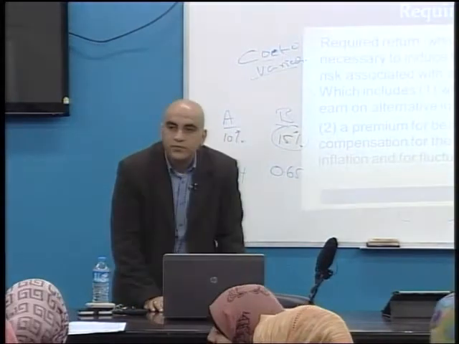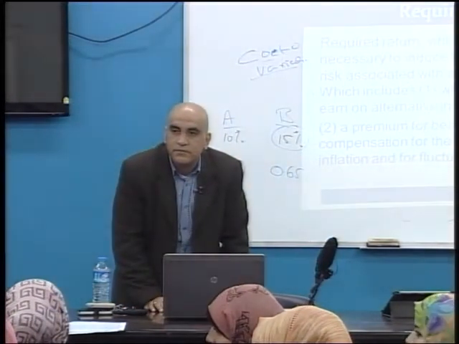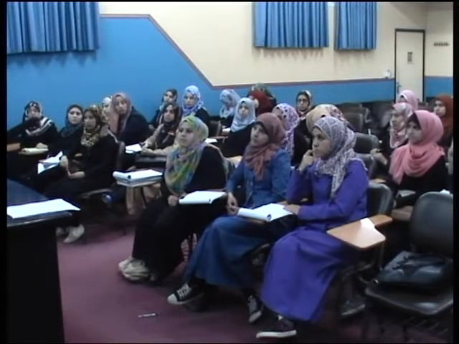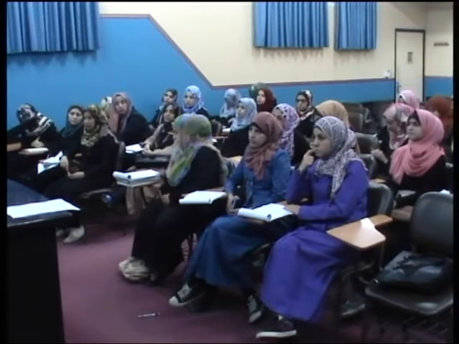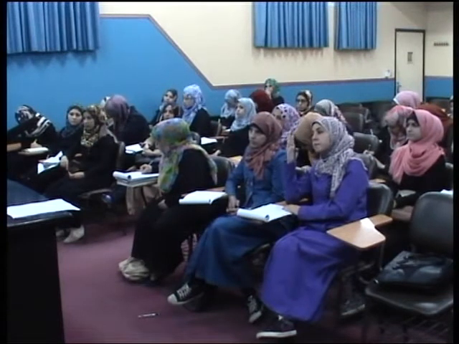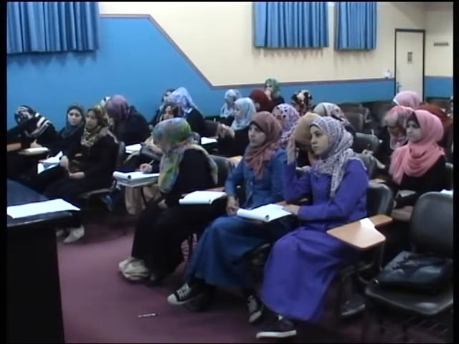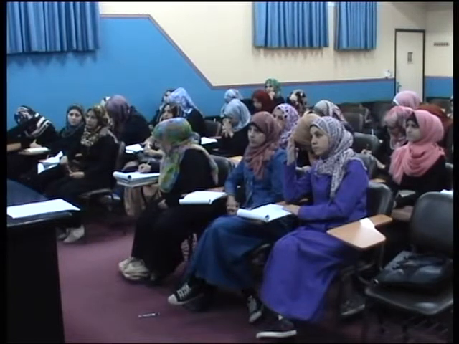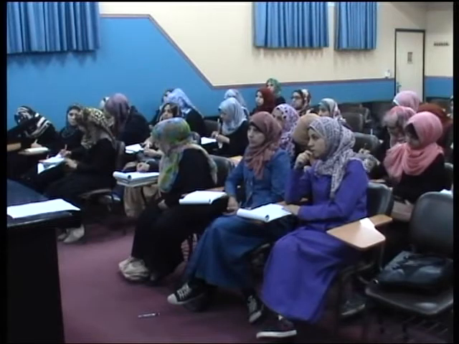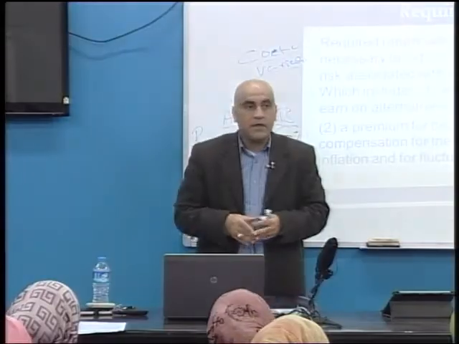If the investor is a risk taker, he will take option B, and if not, he will take option A. So if the investor is a risk taker, he or she will take B. If a risk averter, he or she will go to A. It means we don't have an accurate answer. Some people say A, others say B.